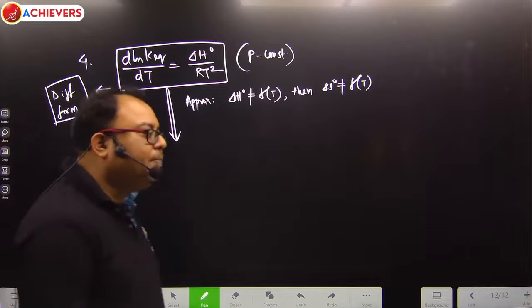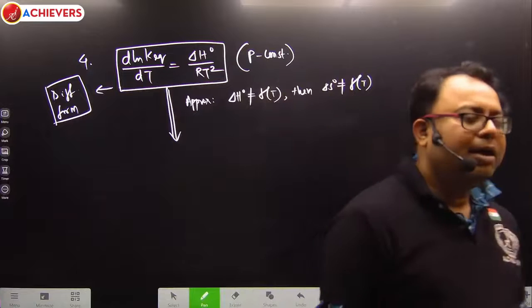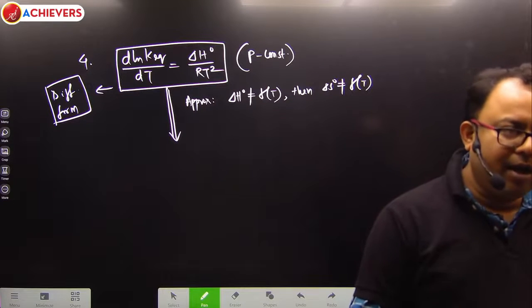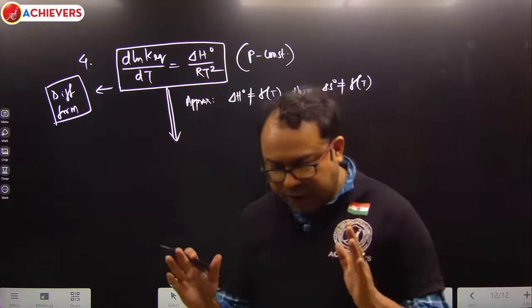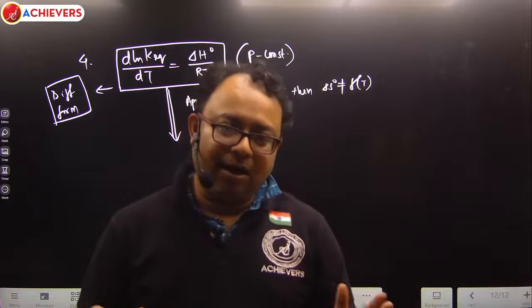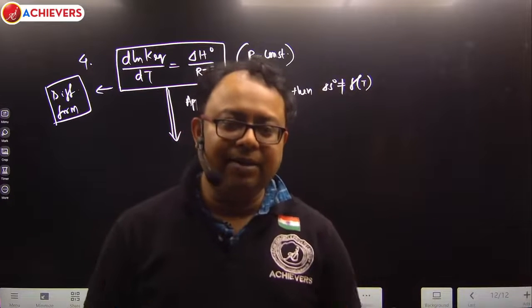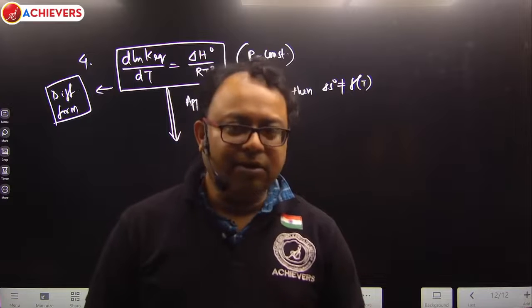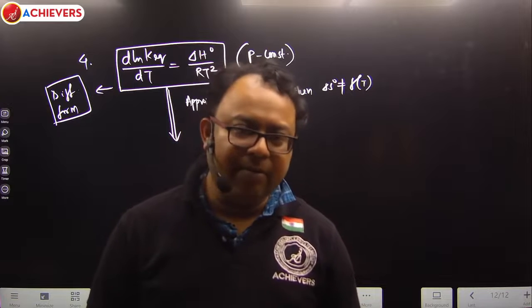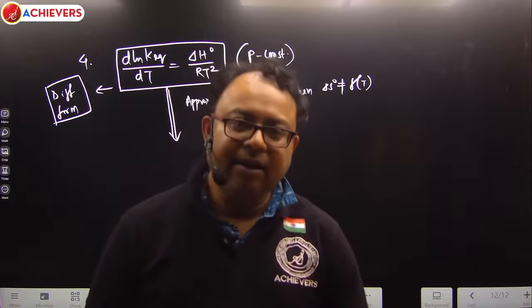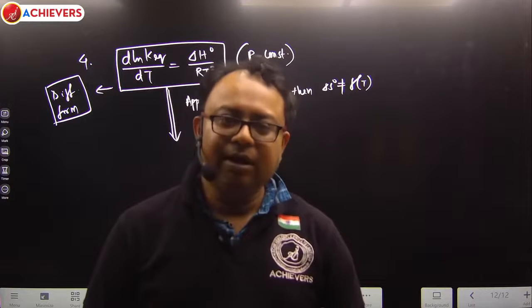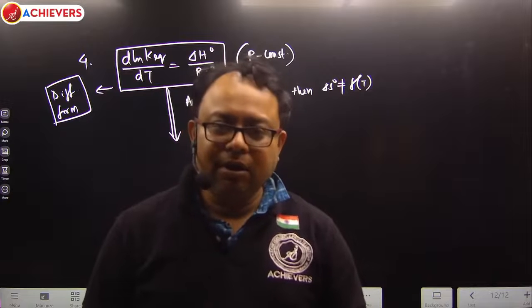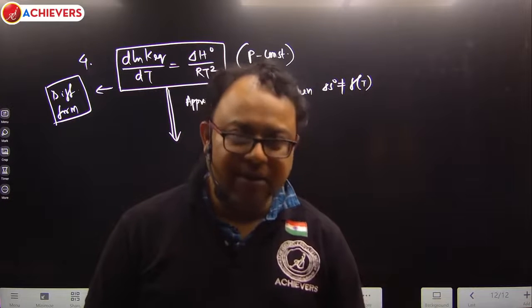That can also be proved thermodynamically, but I am not getting into that. Just remember, we are imposing a condition that delta H naught is independent of temperature. And if delta H naught is independent of temperature, then thermodynamically you can also establish that delta S naught is even a temperature independent parameter, but we will not go into that mathematical interpretation.